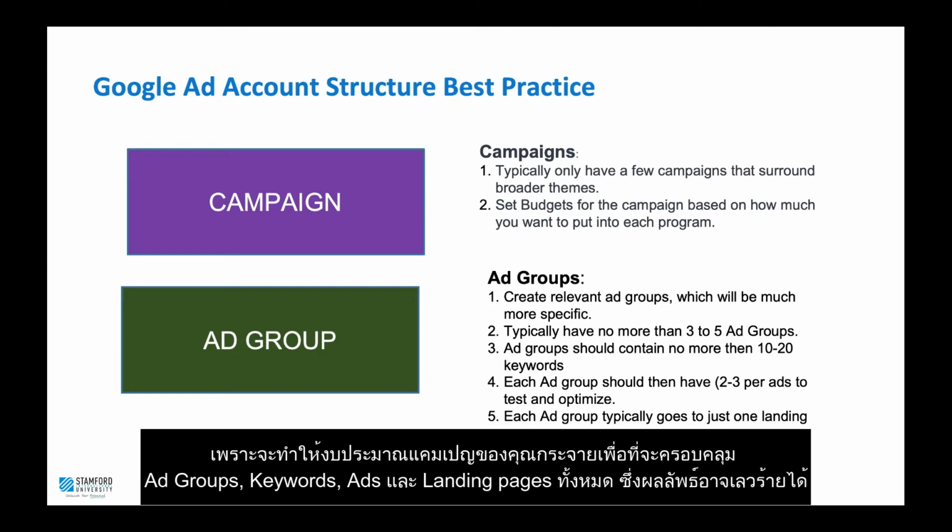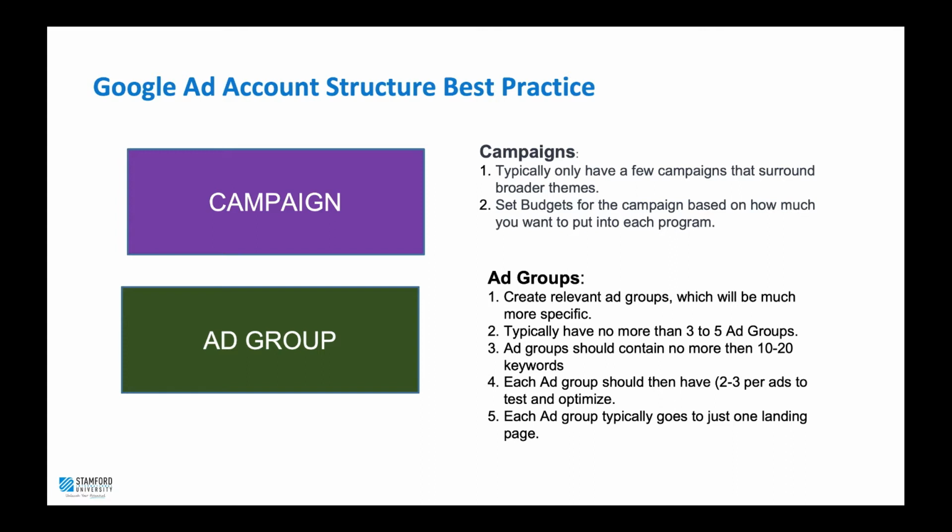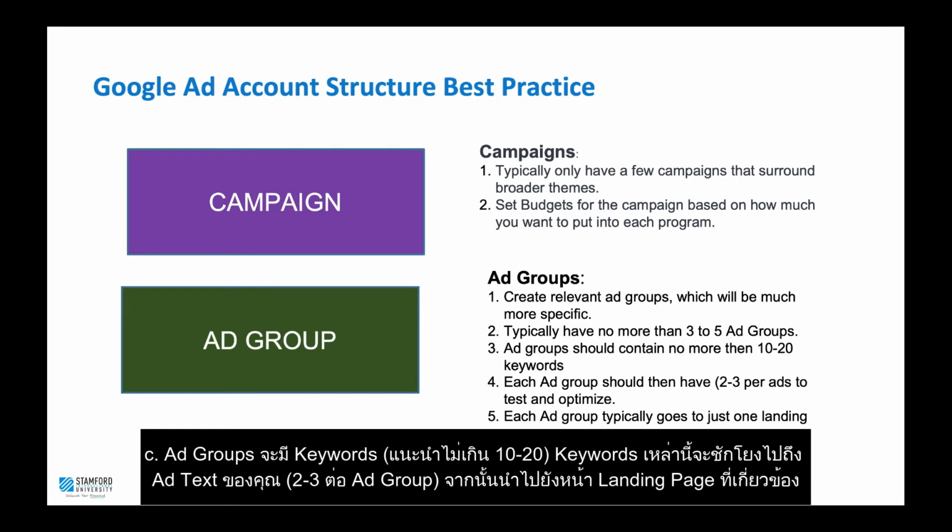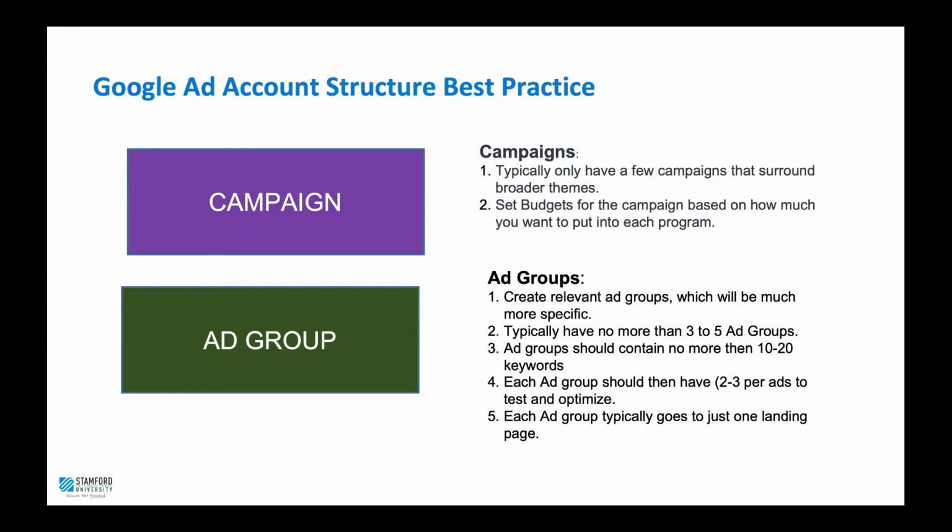What I advise is no more than, and then inside of each ad group, you have keywords. And I don't recommend that you have more than 10 to 20 keywords inside of each ad group. All right? So this is campaign and ad group best practice.